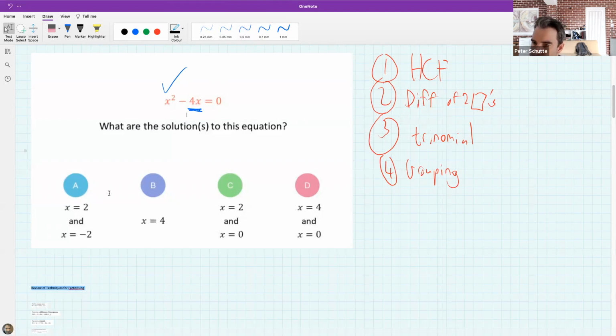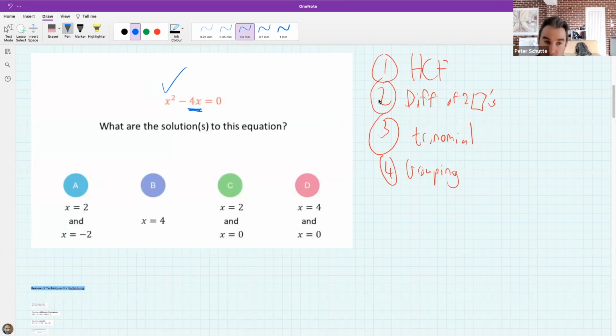Let's have a look. Felile, what do you think for factorizing here? What would you do? I would say that first of all, we don't have the b.